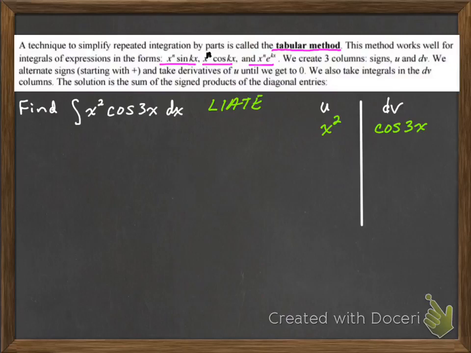All right, so now the u's, what we're going to do is take the derivatives until we get down to 0. So the derivative of x squared is 2x. The derivative of 2x is 2, and then the derivative of 2 is 0. Now with the dv column, we're going to take antiderivatives.